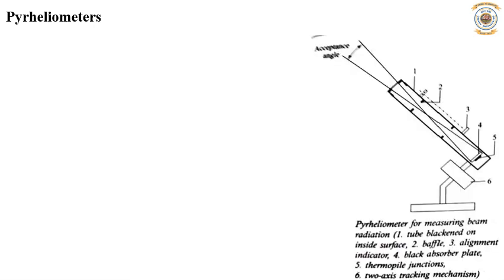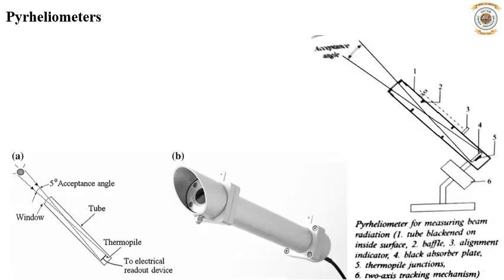So this is the diagram. You can see here that the pyrheliometer measuring beam radiation consists of a tube which is blackened on the inside surface, and some baffles which obstruct or direct the flow of the solar radiation.